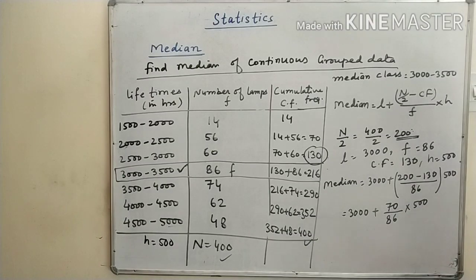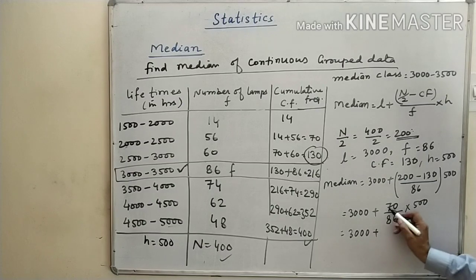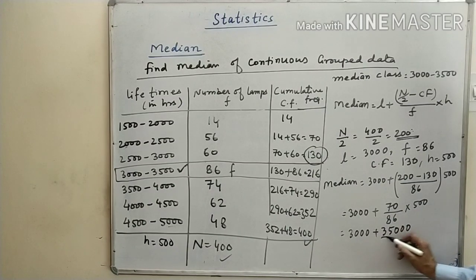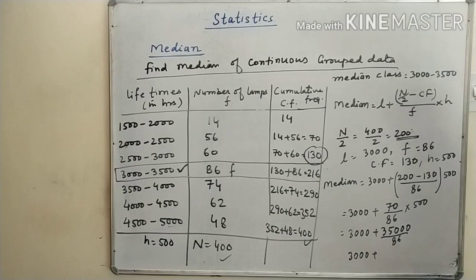Now 70 into 500 is 35,000. You divide 35,000 by 86, and you get 406.98. You add that to 3000, and you get 3406.98 as the answer. That is the median.